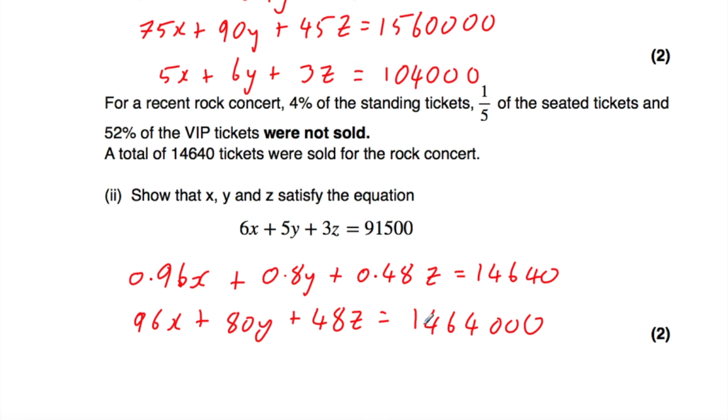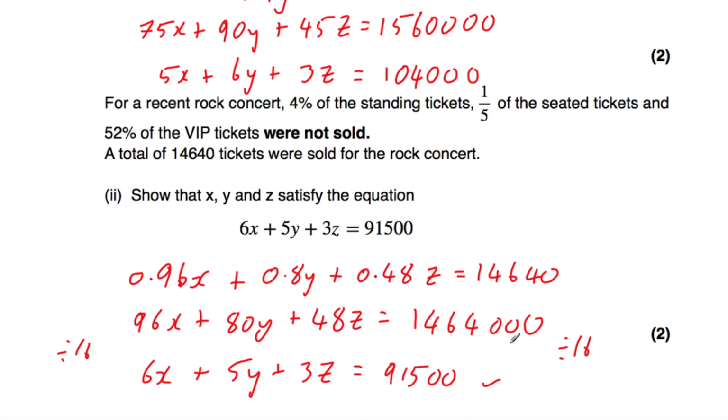And then hopefully if we divide 1,464,000 by 16, we'll get this. So let's check that. So let's divide everything by 16 and see what we get. So 96x divided by 16 is 6x, 80y divided by 16 is 5y, 48z divided by 16 is 3z, and finally if we have our 1,464,000 and divide that by 16, we do get 91,500. And that's great, that's what we were trying to show.